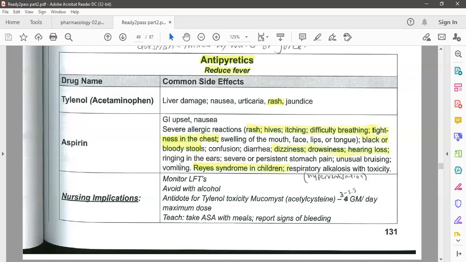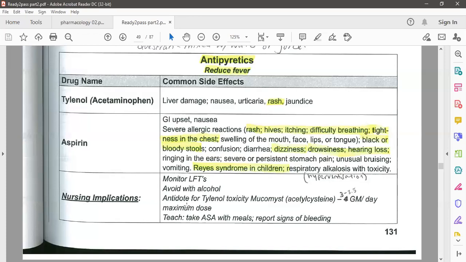Or tinnitus, severe stomach pain, or they develop Reye syndrome in children. So do not use it for children for fever, right? Never ever. They can cause respiratory alkalosis with toxicity.